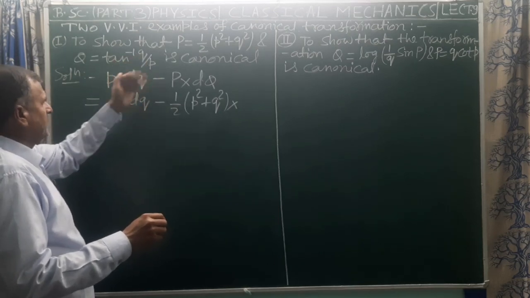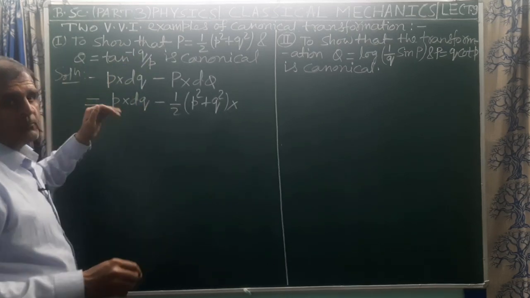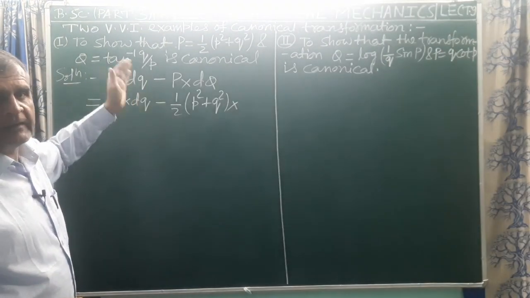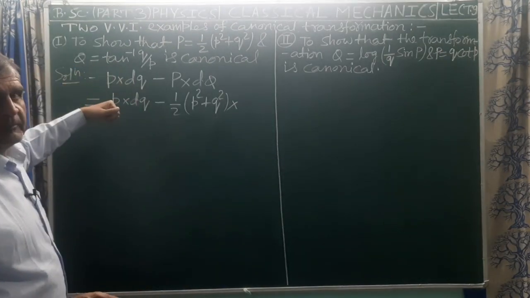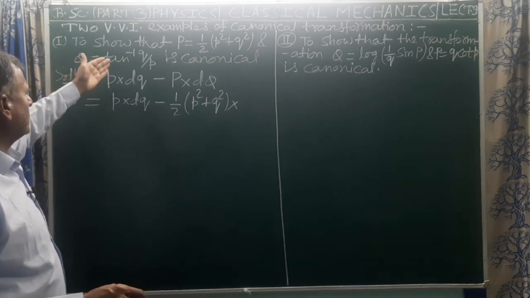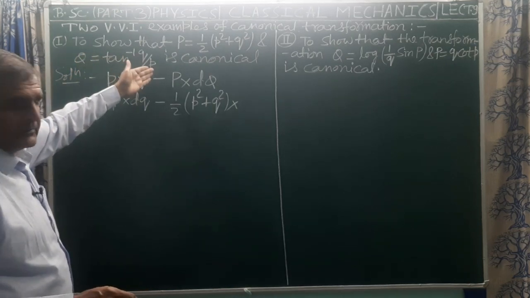Capital Q, the position coordinate in the new system, is given as tan inverse q upon p.